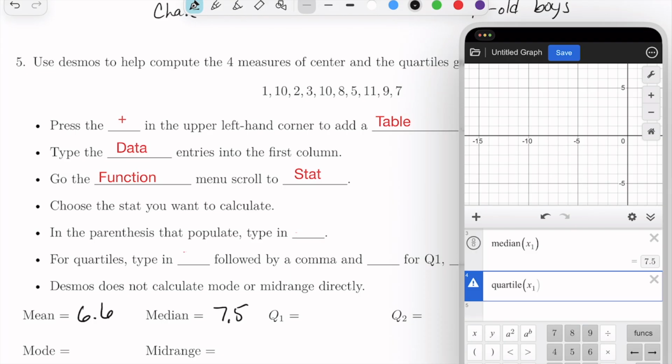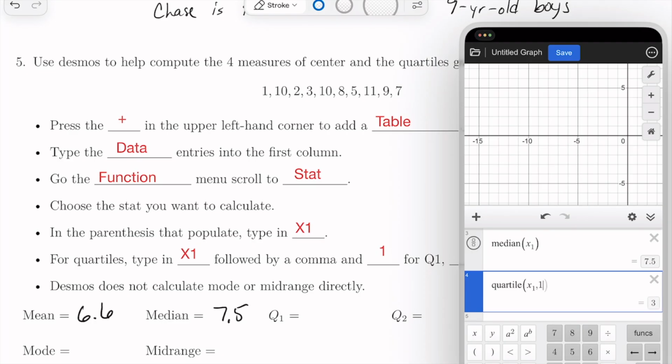That's because it's asking, which quartile do you want? So I have to type in a comma and then 1, which stands for the first quartile, or Q1. In this case, that's 3.